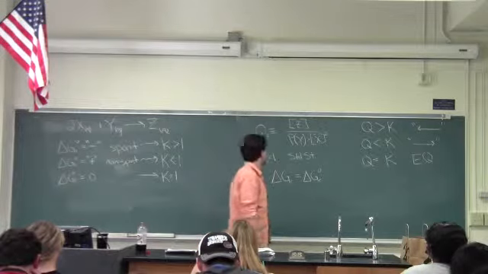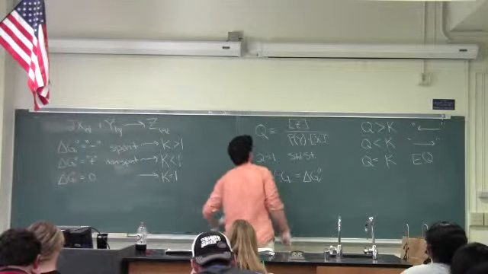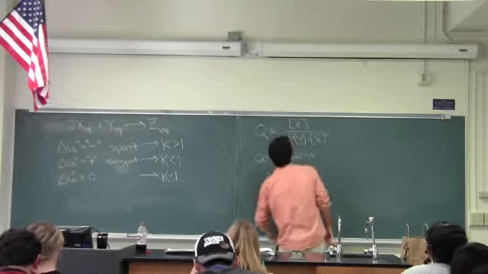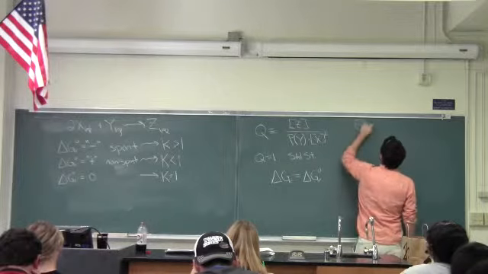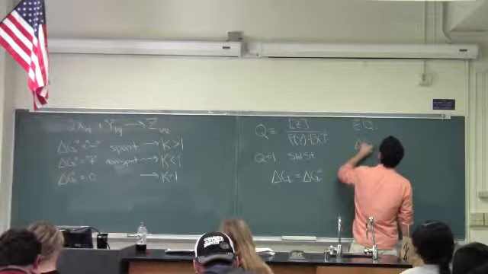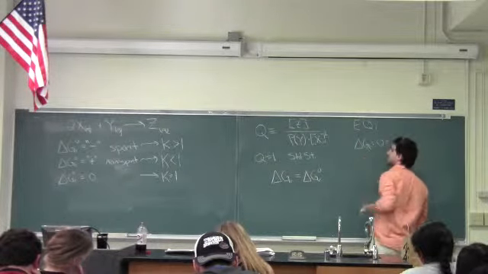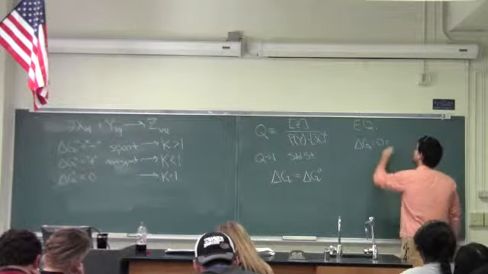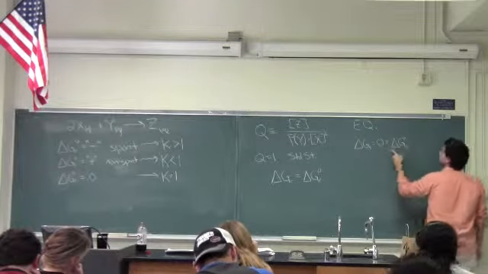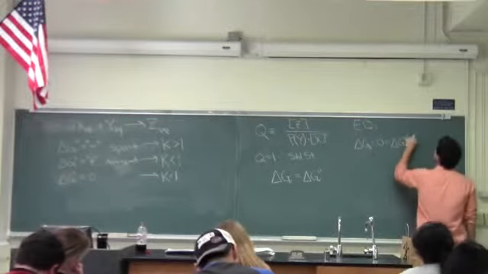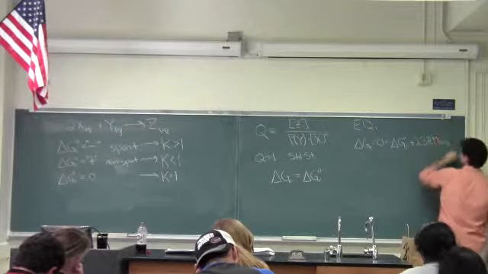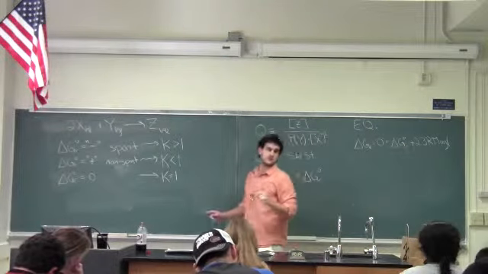So at equilibrium, Gibbs free energy of the reaction is written as 0. But I know that's also equal to Gibbs free energy in the standard state plus 2.3 RT log Q, but in this case, K.